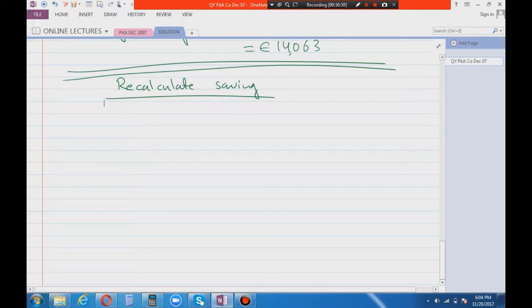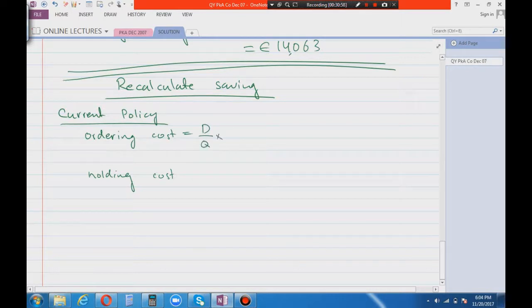So if you ignore minimum inventory, then the current policy would be ordering cost plus holding cost, and the ordering cost is obviously number of orders, which we said is demand divided by quantity, multiplied by cost of one order.